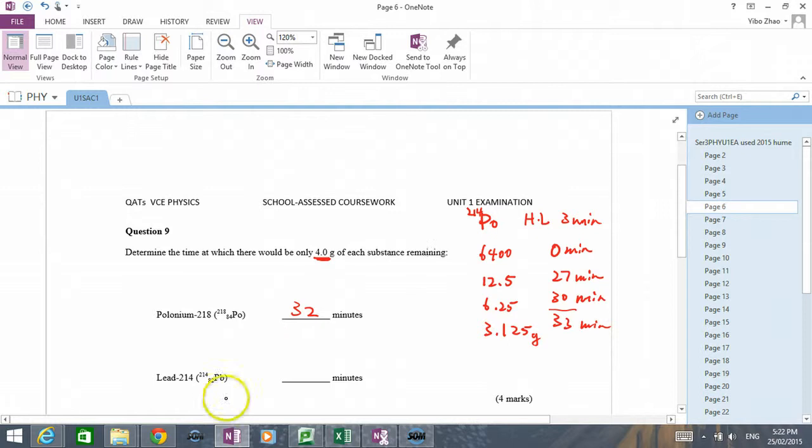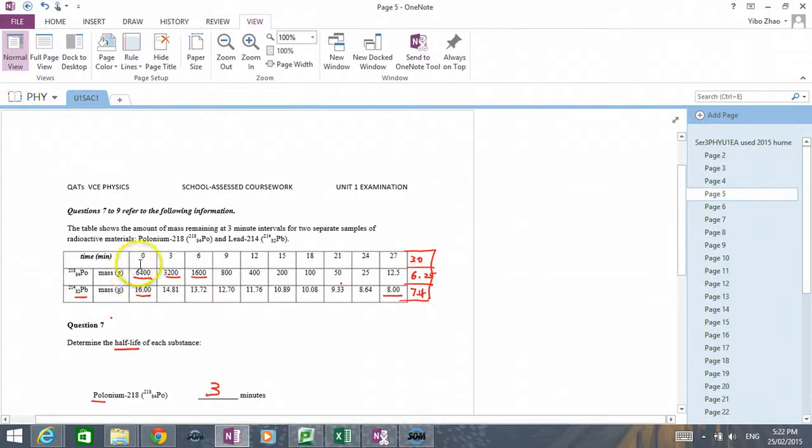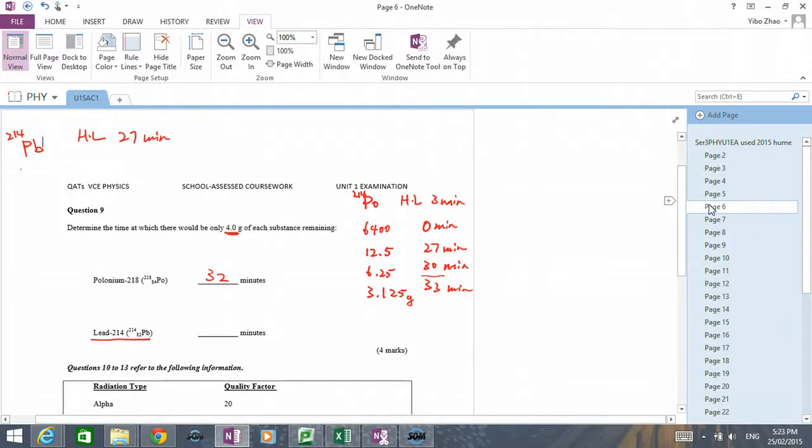Then we have lead here. The half-life of lead is 27 minutes. At 0 minutes from the table, I start with 16 grams of lead. After one half-life, which is 27 minutes, I have 8 grams.